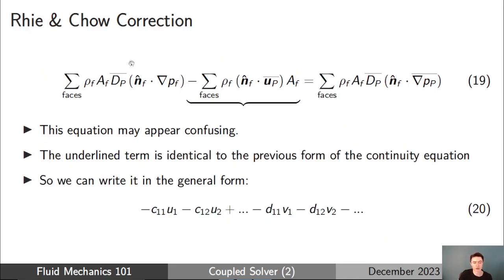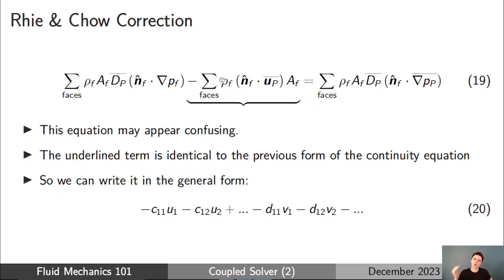And I've got those for you in equation 19. You can see we've got the nabla p_f and the d_p here. We've got the d_p and the overbar p_P there, so the two pressure gradient terms. And then we've got that linearly interpolated velocity, which looks very similar to the previous continuity equation that we had.